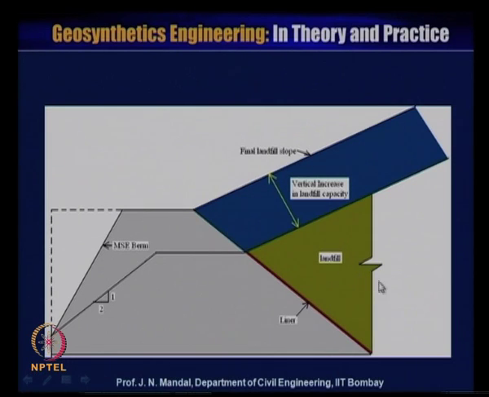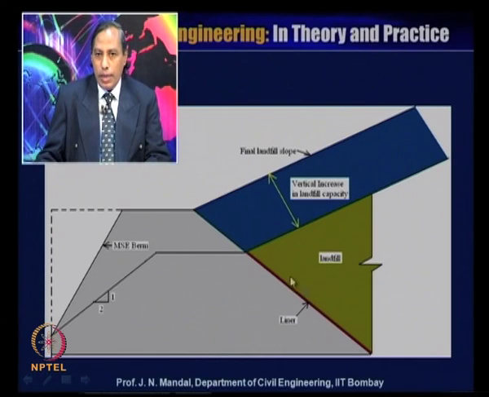Now, if you want to increase the vertical capacity of the landfill, you can increase the landfill capacity by introducing this geosynthetics material. So you can make a mechanically stabilized earth berm here, and you can provide this liner, either geomembrane liner, impermeable material, and that will vertically increase the landfill capacity.